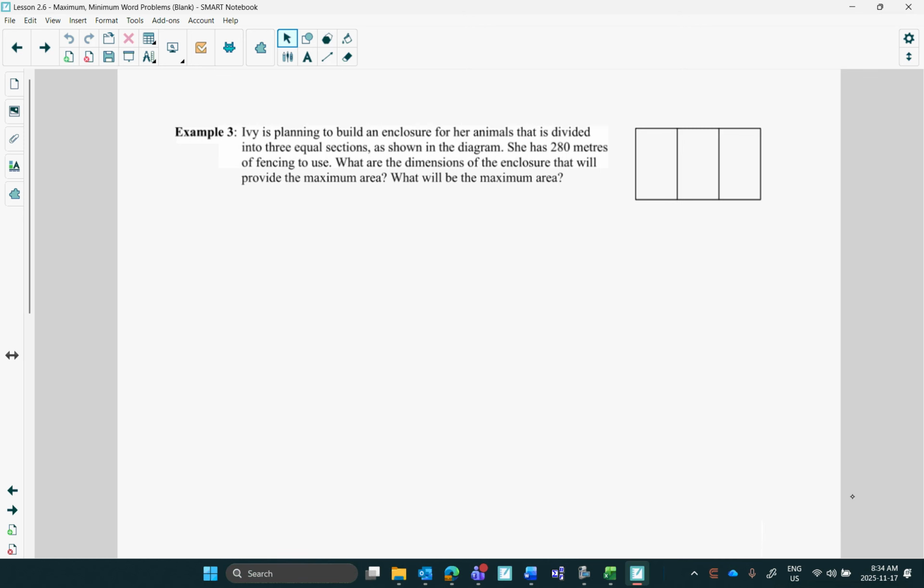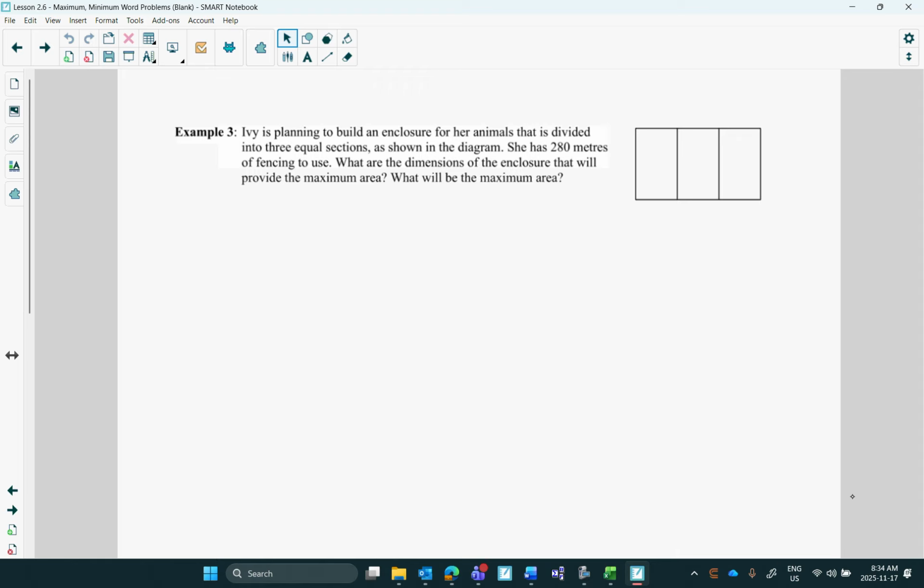Okay, so we've done a couple of examples in 2.6 with how to use these quadratic functions to solve word problems. And at the beginning of this lesson, on the first page, at the top, it outlines for you the steps that you should take. First of all, you have to make expressions for your unknowns.